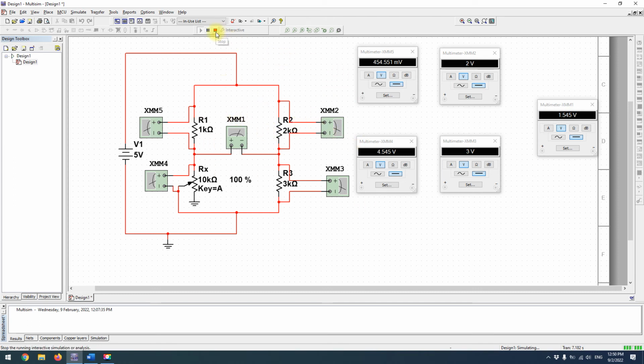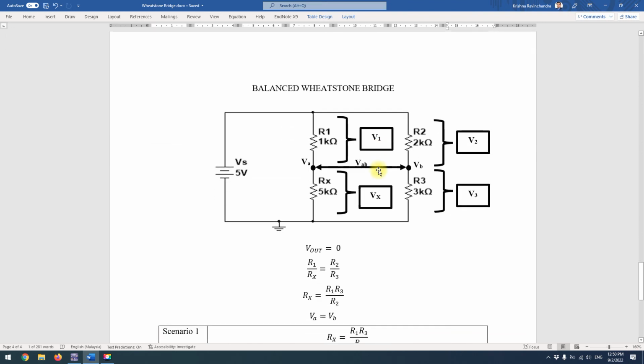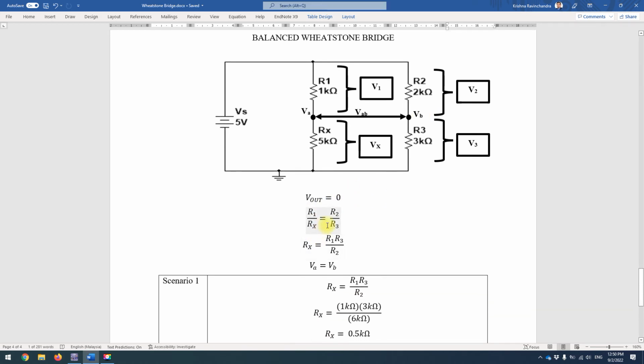So for the balanced bridge, let me stop this. Now for the balanced bridge, we are basically taking the points VA and VB to be equivalent. When we take the points to be equivalent, VAB will always be equivalent to 0. So it is to say that R1 over Rx is equivalent to R2 over R3.